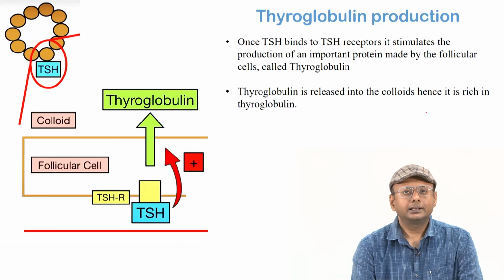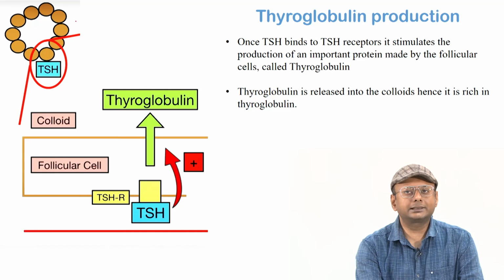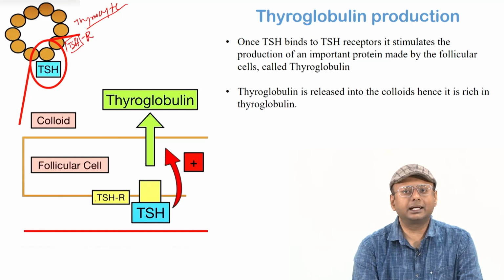So as we said, in these thyroid cluster cells or thyrocytes, what do we have? We have the TSHR receptor, which is the thyroid stimulating hormone receptor, and now the TSH hormone comes to the circulation and binds to this receptor. Once TSH binds to the TSHR receptor, it promotes or stimulates the follicular cells to synthesize thyroglobulin.